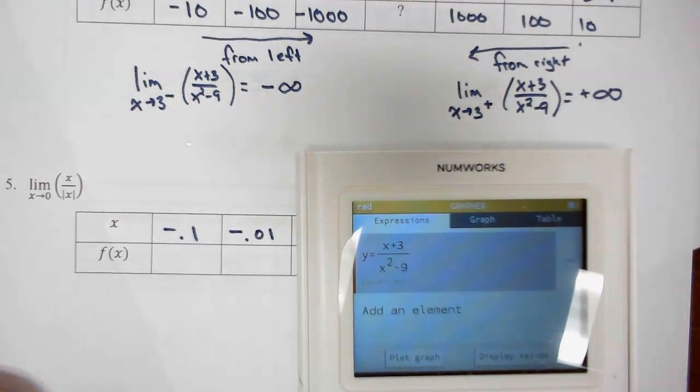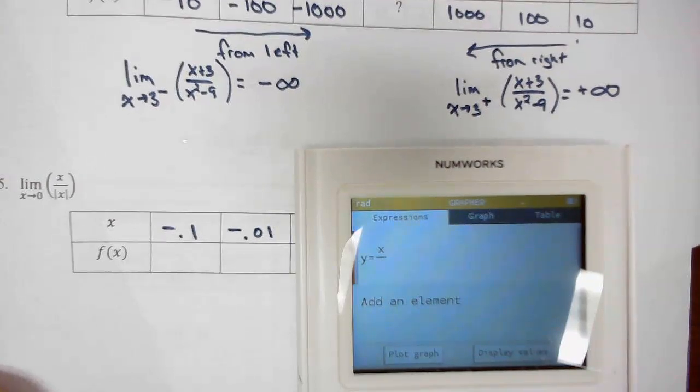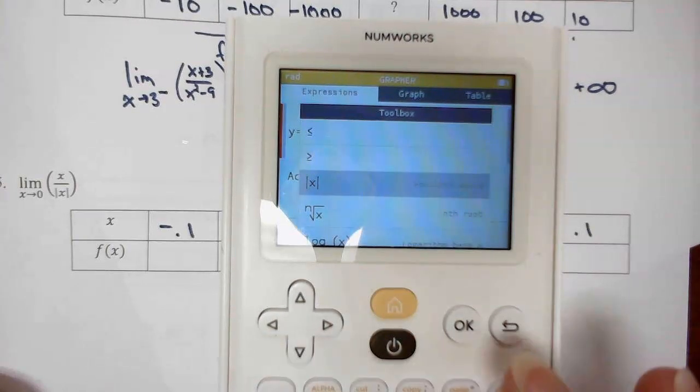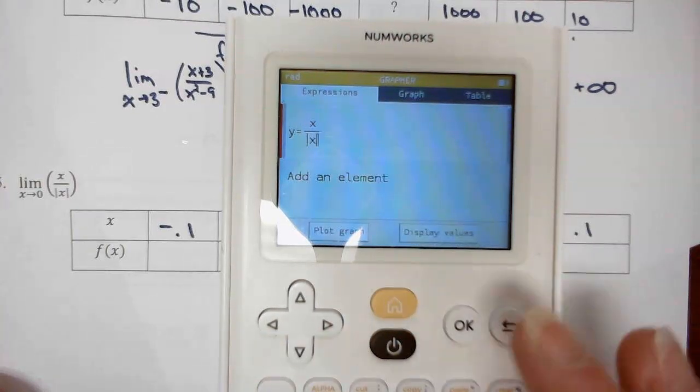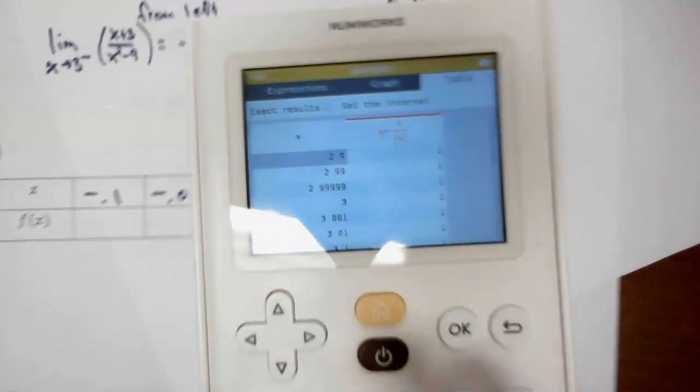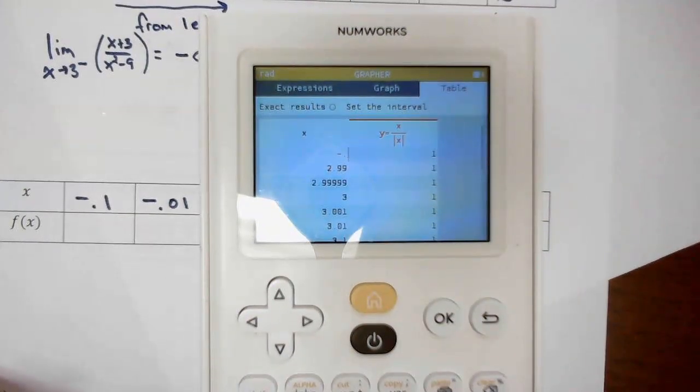So I'm going to go in. I can just delete it if I wanted to. Fraction x over. Now, absolute value, you can press your toolbox and choose absolute value here. Absolute value of x. And I'm doing a table. So I'm going to plug in my values for the table.